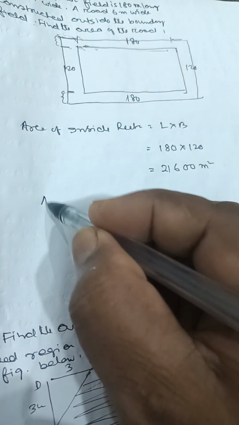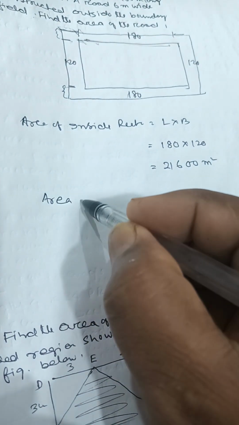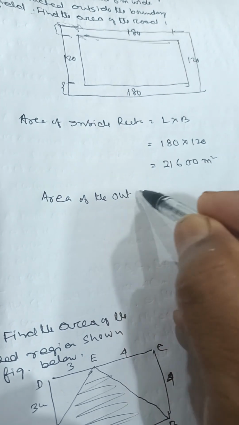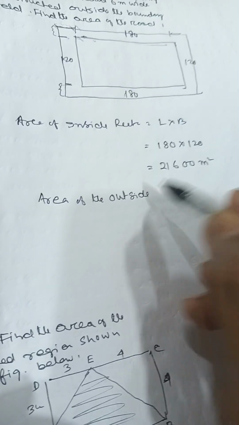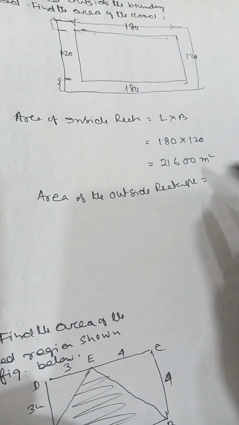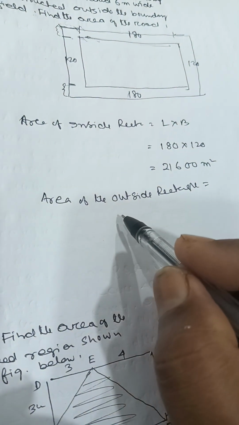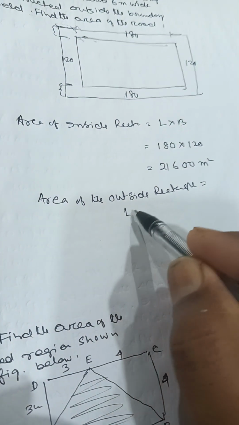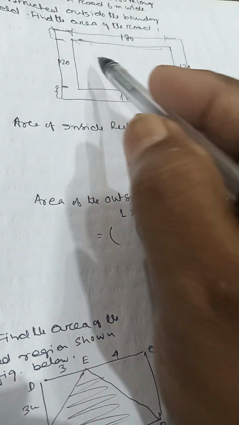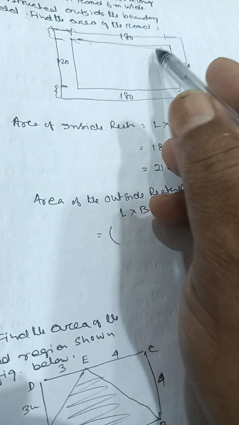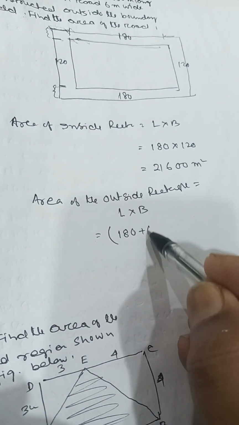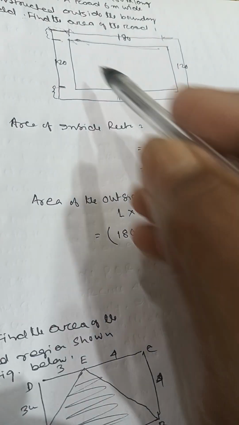Now you write area of the outside rectangle is equal to, we know area of a rectangle is length into breadth, so inside length is 180, but outside length is 6 more on both sides.